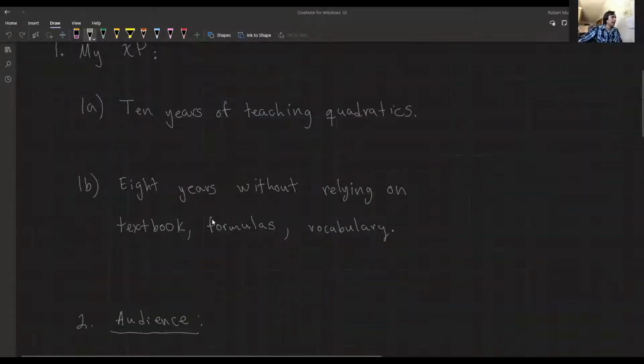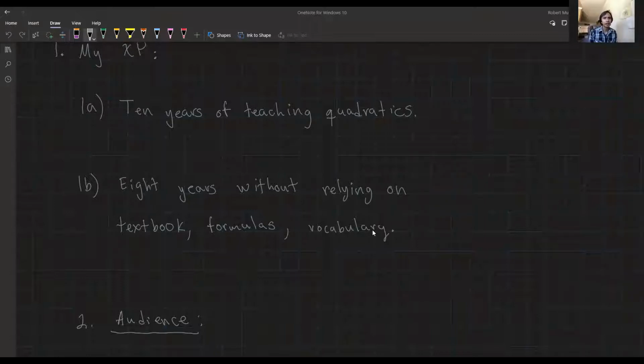And the nice thing about those 10 years of my experience is that the first two, I was confused. I was using a textbook. I was using formulas and front-loading vocabulary that I no longer continue to practice. I no longer teach that way. So that's what this series is about, how to do it in a way where formulas are not the emphasis of solving problems.